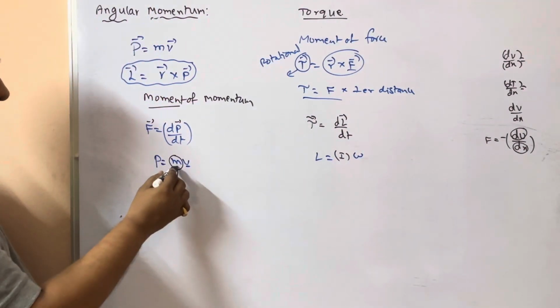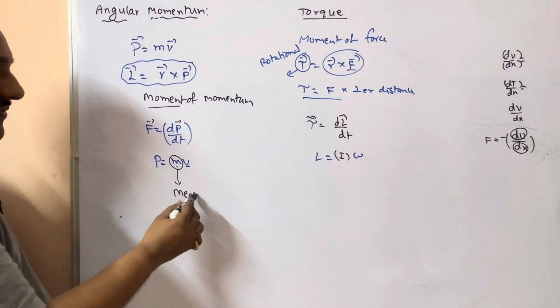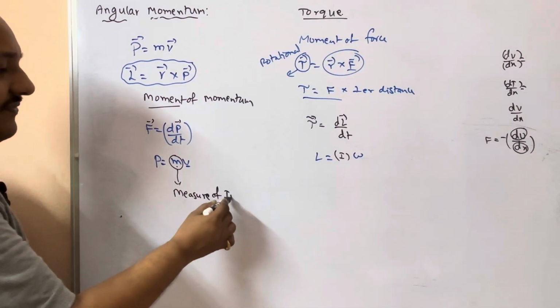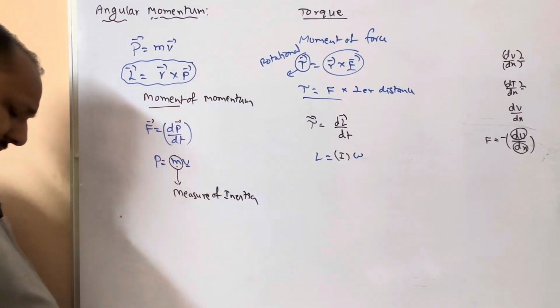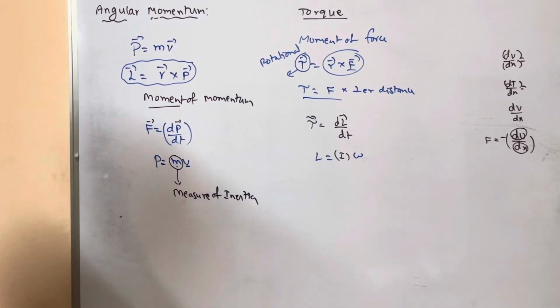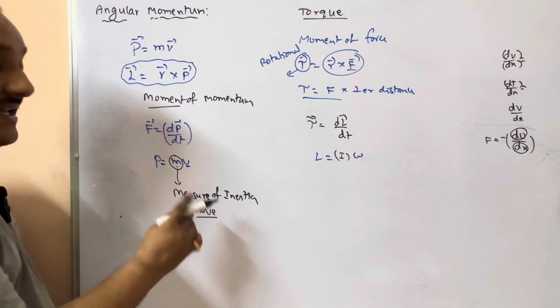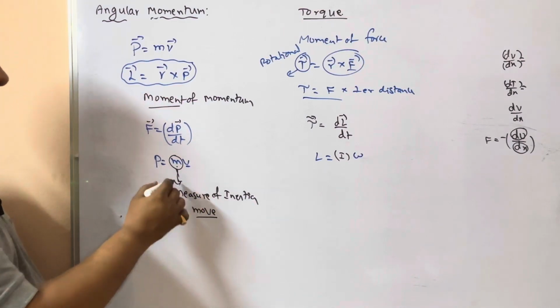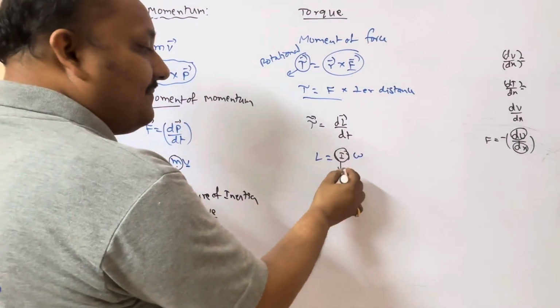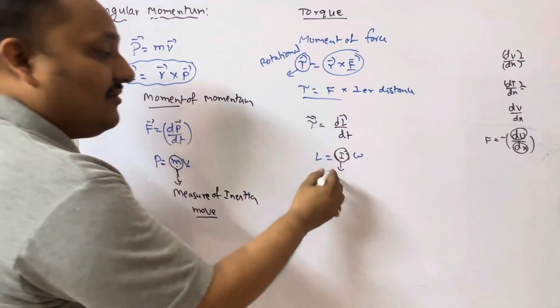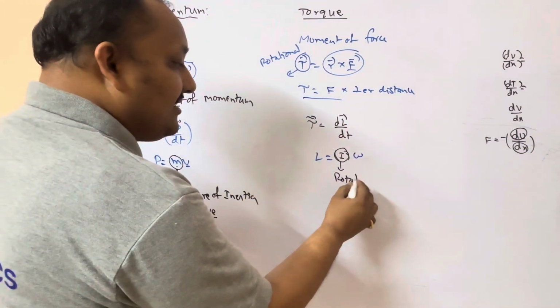Here mass is a measure of inertia, which can move easily or not. Which can move easily or not can be decided by mass. Moment of inertia is a measure of rotational inertia.